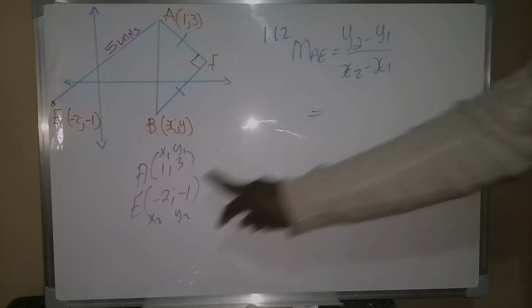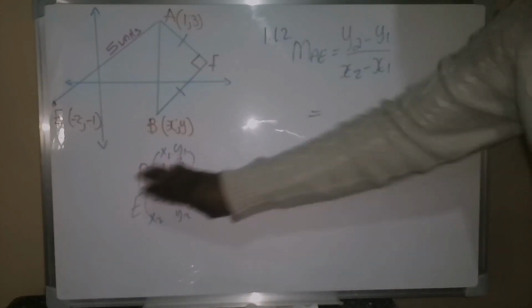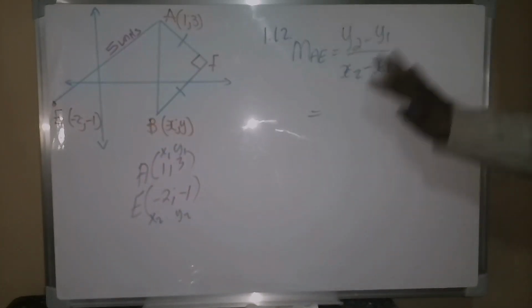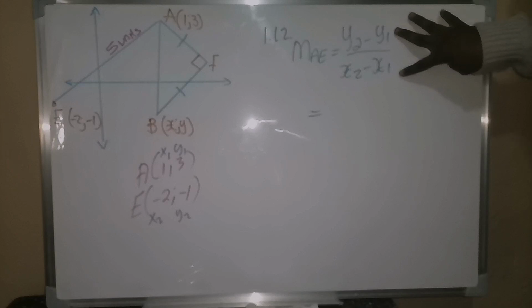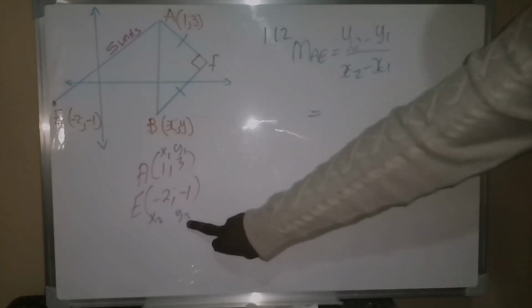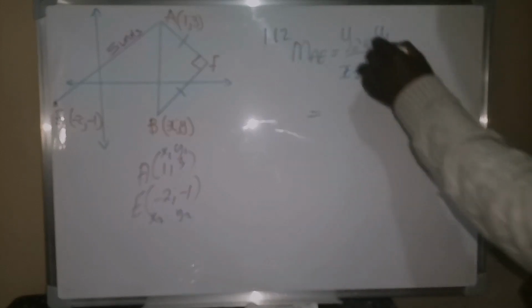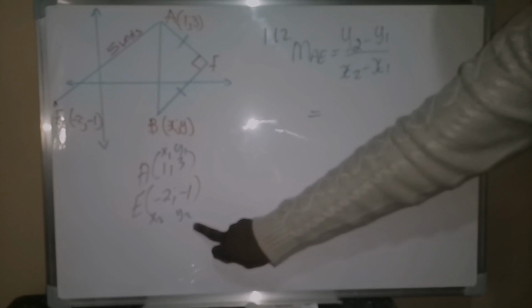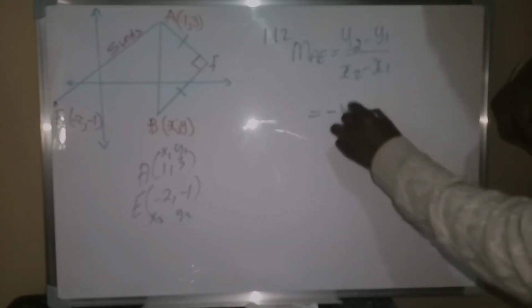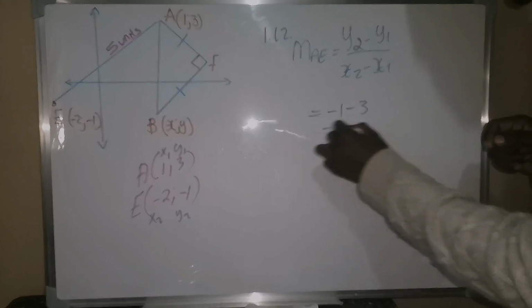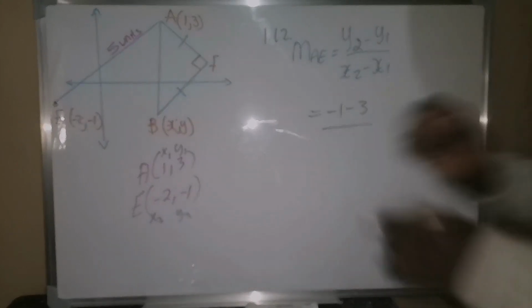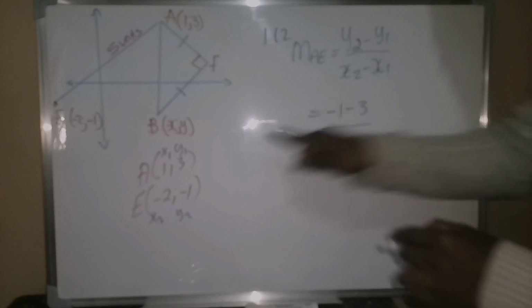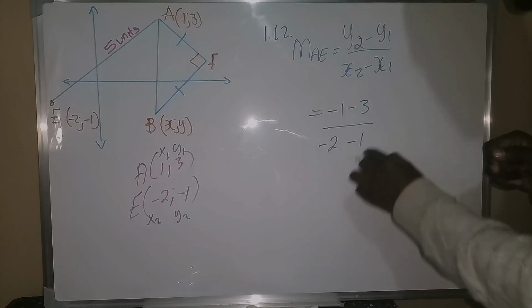Here's our A, here's our E. These coordinates are what we substitute into the gradient equation. y2 is -1, minus y1 which is 3, over x2 which is -2 minus x1 which is 1.